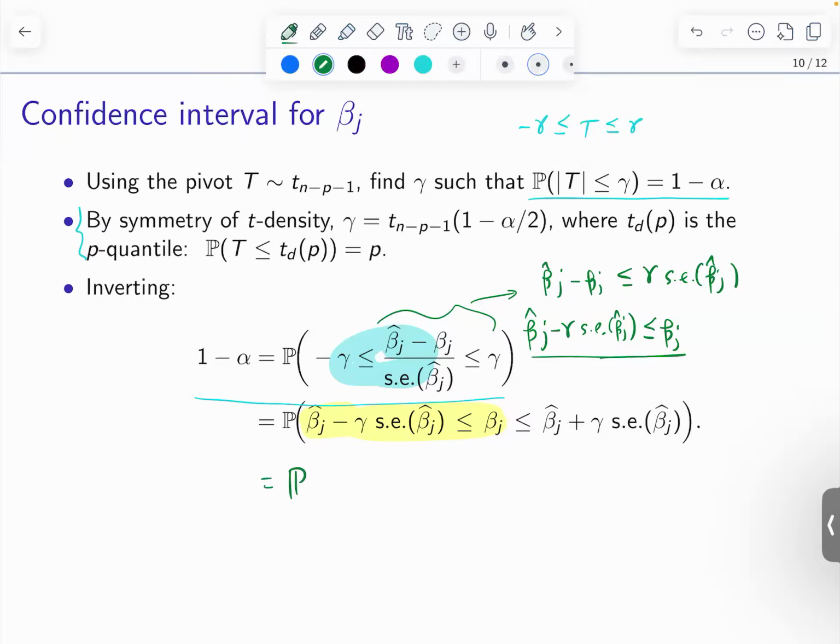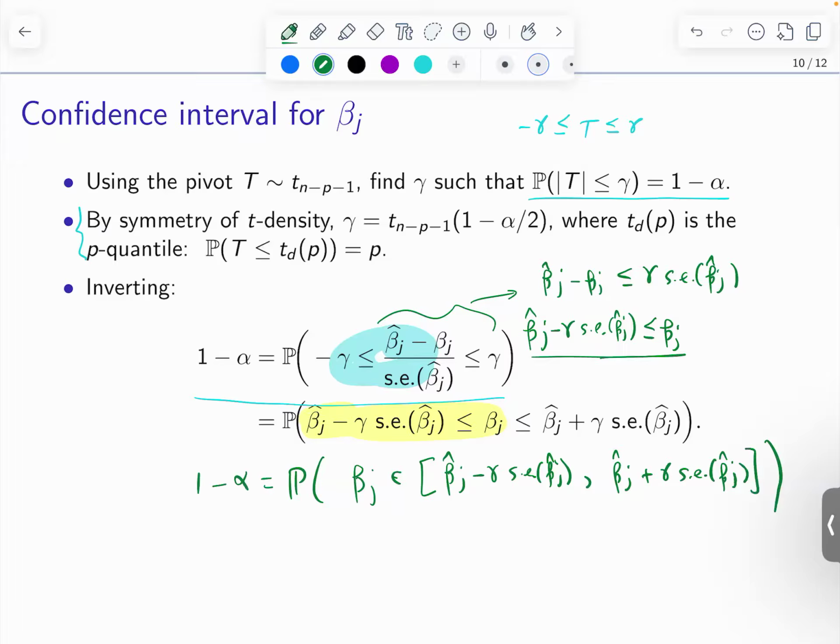The probability that beta j belongs to this interval, with lower bound beta hat j minus gamma standard error of beta hat j, and upper bound beta hat j plus gamma standard error of beta hat j, is 1 minus alpha. That's my confidence interval. This is like the A hat that we had, this is B hat, and the whole thing is I hat. So we constructed a random interval such that it contains the true parameter with probability 1 minus alpha.